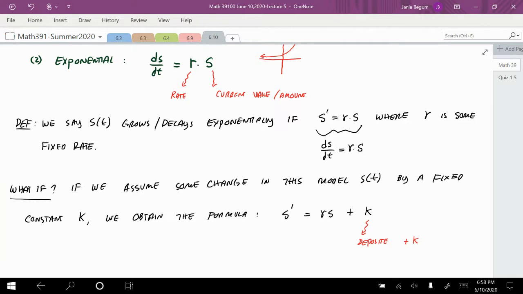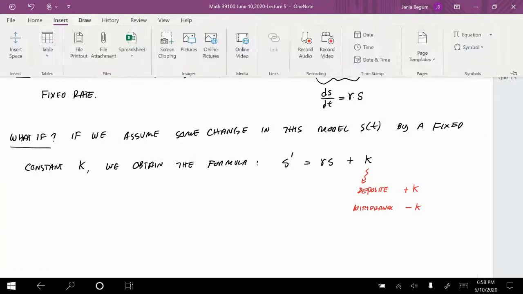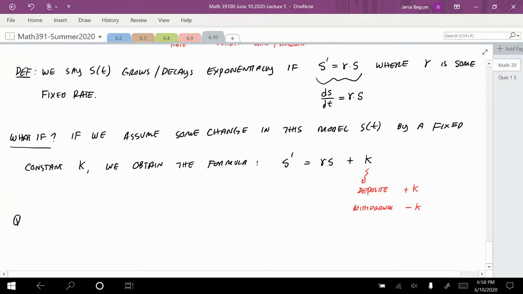Or it could be a withdrawal, where you're withdrawing some k amount every year, so that would be a negative k. It depends on the scenario. So that's the model we're heading to. Now here's the big question: what is the solution to this?